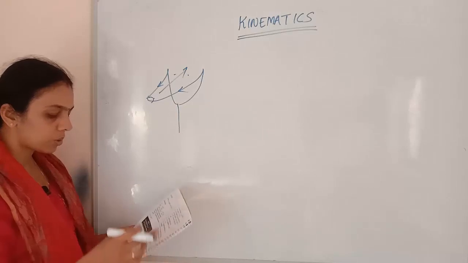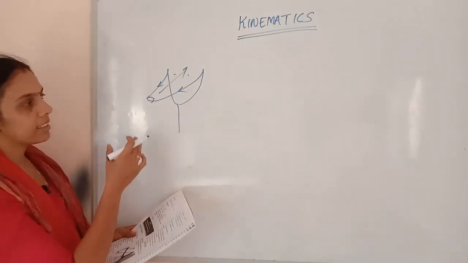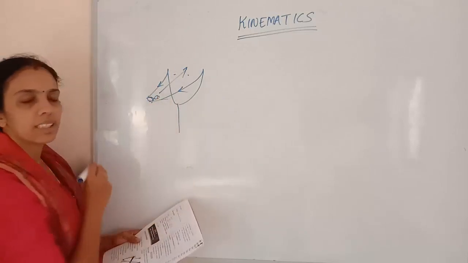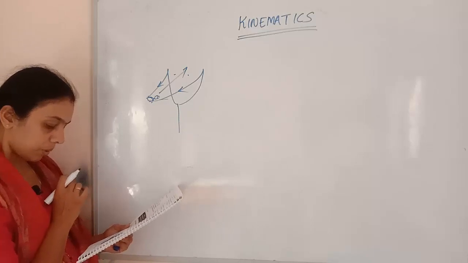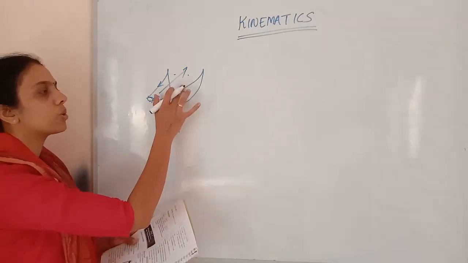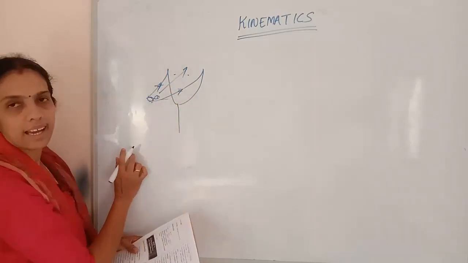A stone is thrown with the help of a sling with initial velocity v at an angle theta from the horizontal. So it is giving an angle theta with the horizontal. Working of a sling is based on the law of, so here force will be acting in this direction, isn't it?